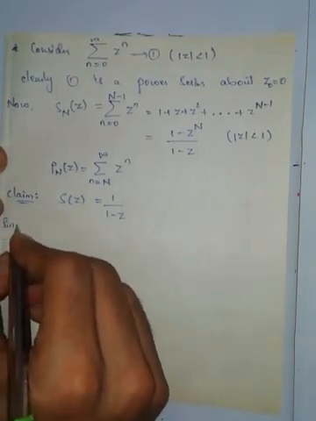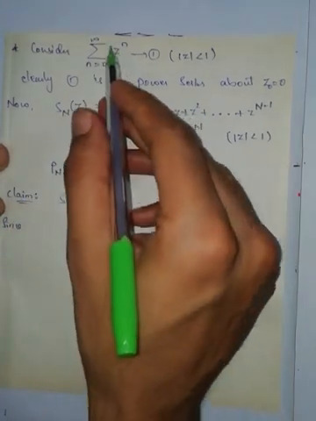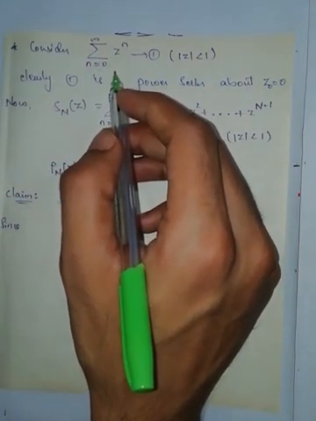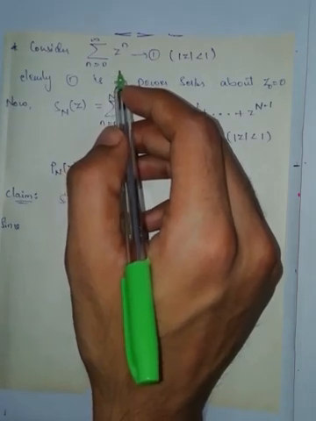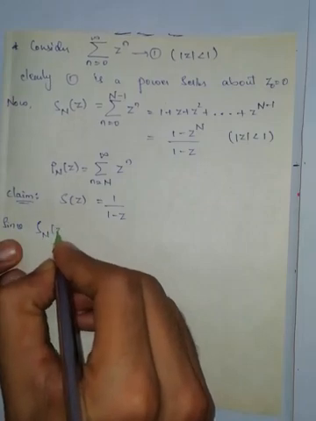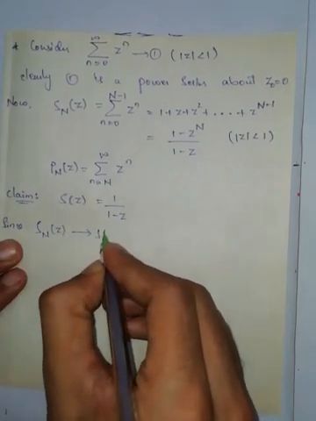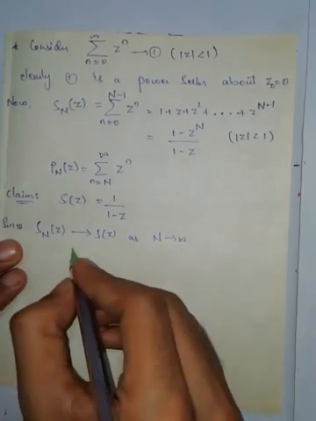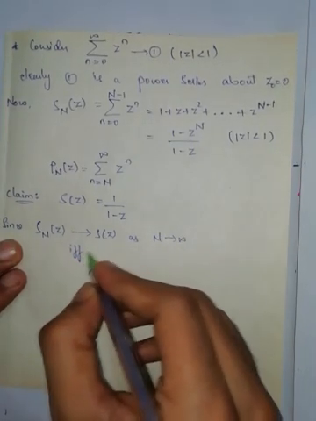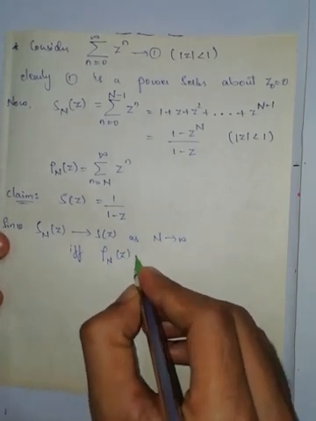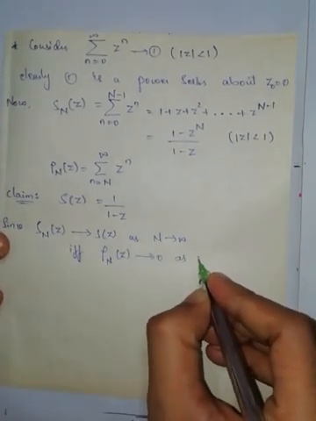A series is convergent if the sequence of partial sums converges, that is, S_n of z converges to S of z as n tends to infinity if and only if, as we have already discussed in the last lecture, rho_n of z tends to 0 as n tends to infinity.